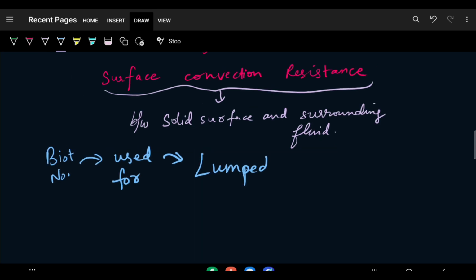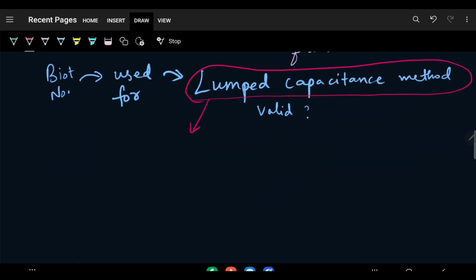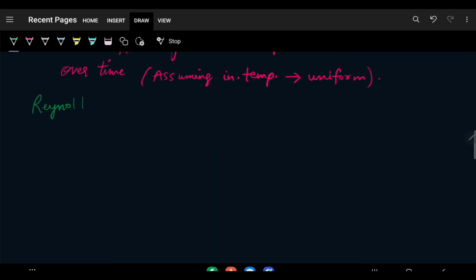Now, Biot number is used for determining whether the lumped capacitance method is valid or not. By lumped capacitance method, I mean it is a simple way to calculate how an object heats or cools over time by assuming its internal temperature as completely uniform.